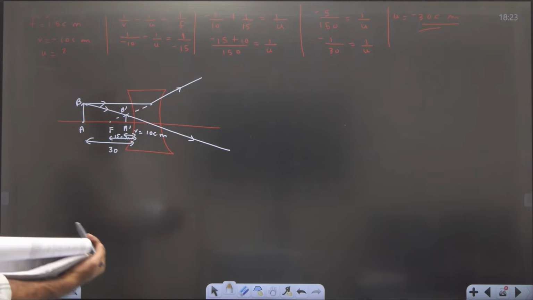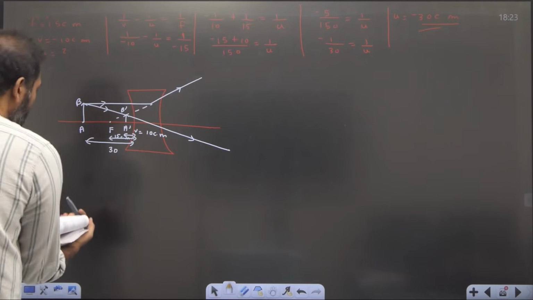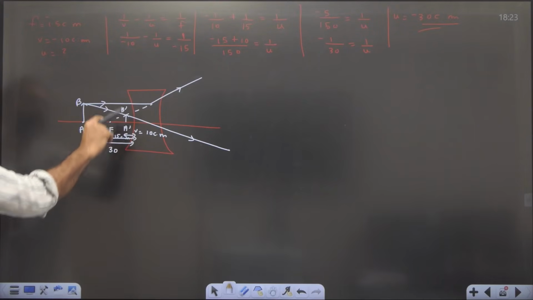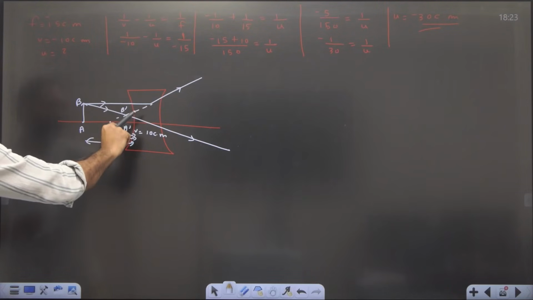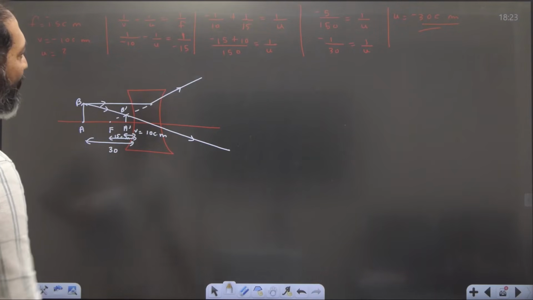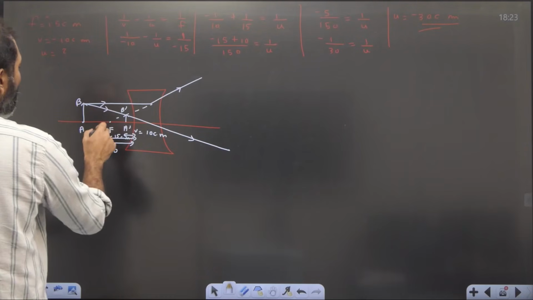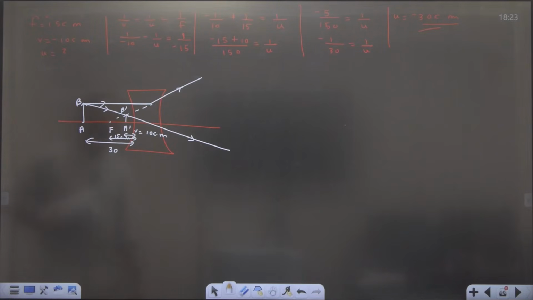This is the ray diagram. Don't forget to give arrow marks. Directed arrows are compulsory. And what about the image? Not real, virtual, erect, and diminished. Now, since the focal length is 15 centimeter, the object is kept at 2 times the focal length, 2f. And where is the image found? Between the pole and the principal focus.